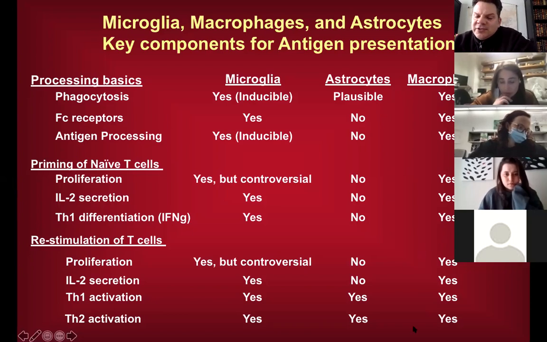So this is what it's looking at, this restimulation. And microglia can do all these things as well, just like the macrophage, and astrocytes cannot. So if I ask you any questions about astrocytes being a functional antigen presenting cell, your answer should be false. Okay, so write that down. They're not functional antigen presenting cells for MHC class 2.